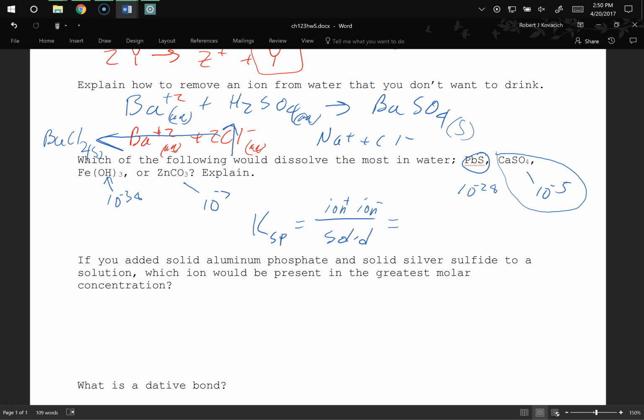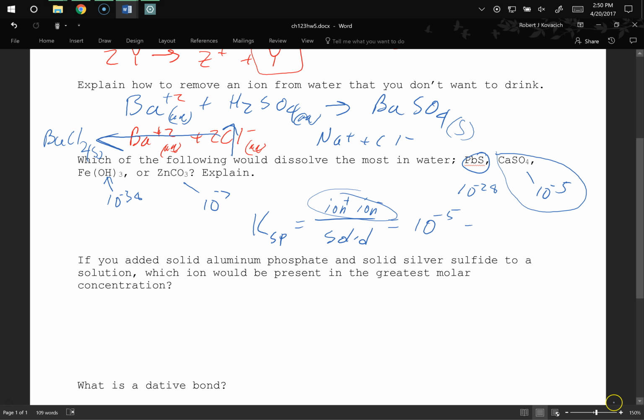What else? So then tell me about the 10 to the negative 5th. It's the largest number, so that means this numerator must be the largest. So to get a cation and an anion, that means that the thing must have separated the most.